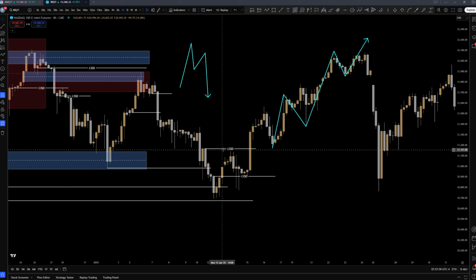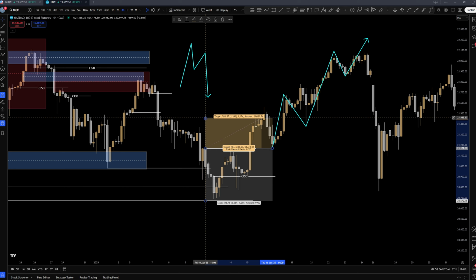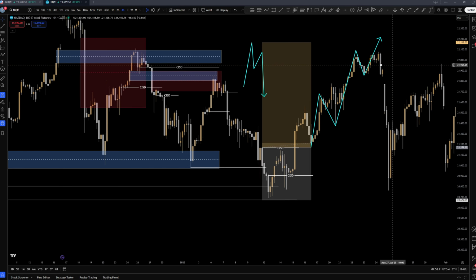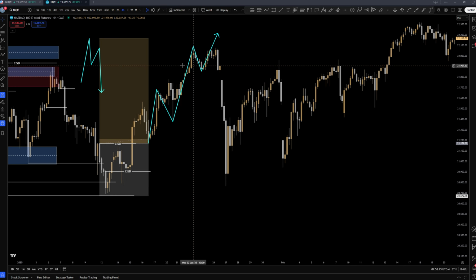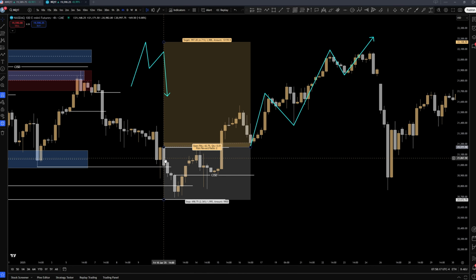Straight in. Also, if you'd gone from this one, then you would have got a decent trade out of that as well. It would have just taken a little bit longer to get to a 2 to 1, but eventually you did. So when you get this series of candles here that are large, it's a large area.